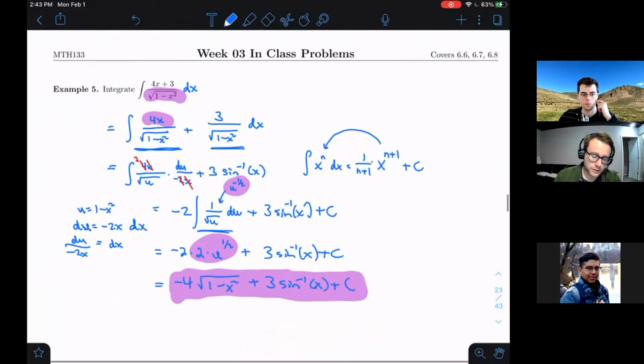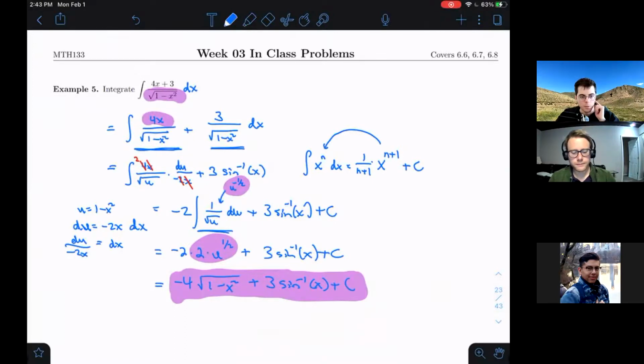Excellent. Any other questions? So you said u to be 1 minus x squared. Someone was asking if the denominator shouldn't just be u, but because of your choice, no. Because of the choice, there's still the square root that needs to be accounted for.